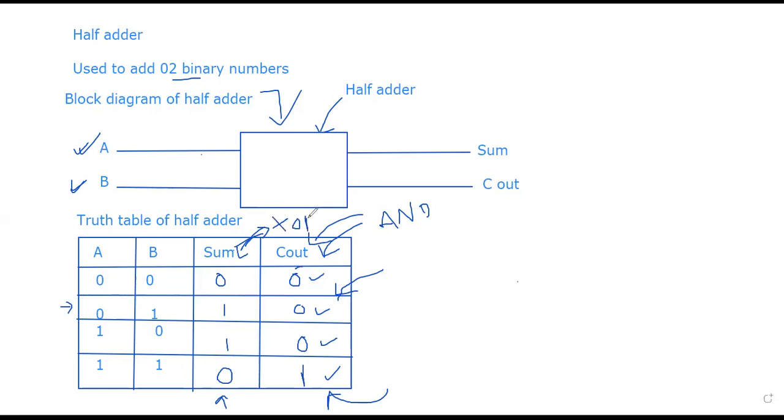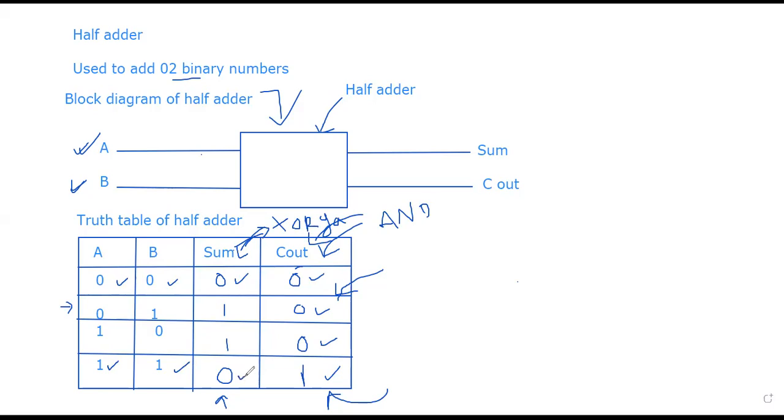What is the logic of that gate? If all the inputs are the same, output is 0. Now look here, A and B, both the inputs are 0, then the output is also going to be 0. Now the last one, both the inputs are 1, both the inputs are same, so the output is also going to be 0.